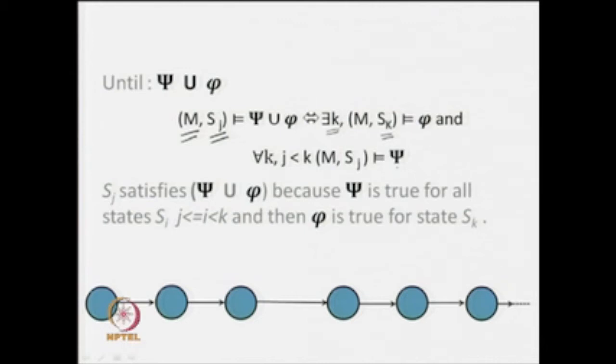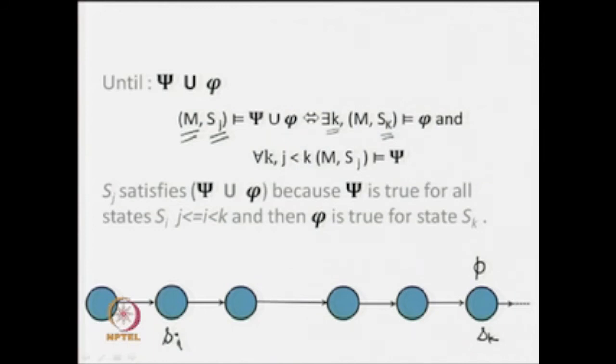In this particular case we are going to say that the particular state holds psi until phi. Say I am looking into a particular state S k, and it models phi. So, phi holds in state S k. Now, we are looking at some other state, say S j, and we have to see whether psi until phi holds in S j or not.